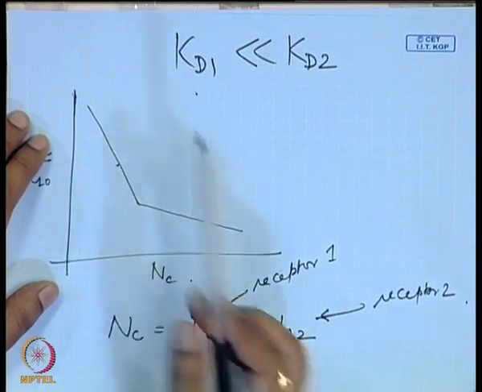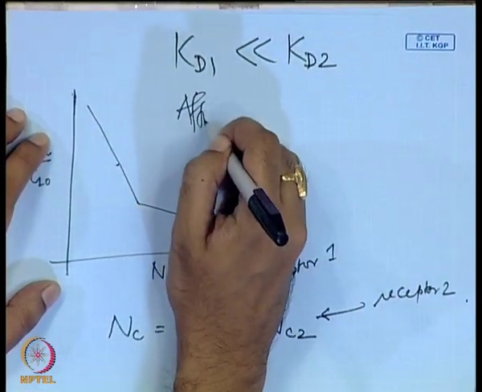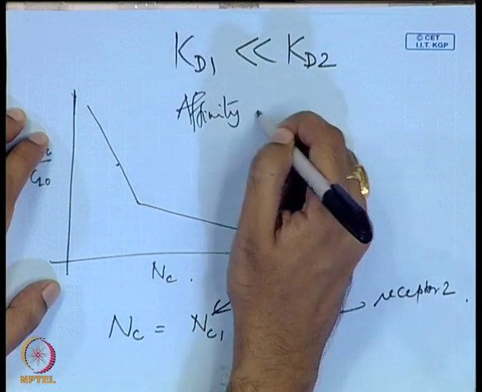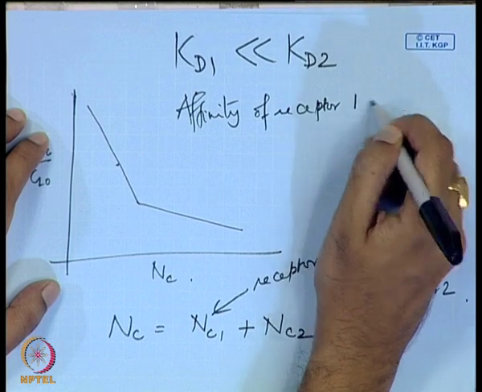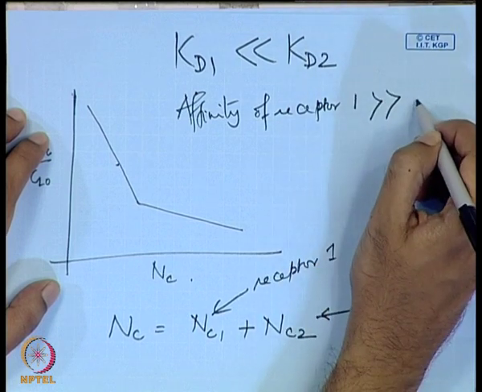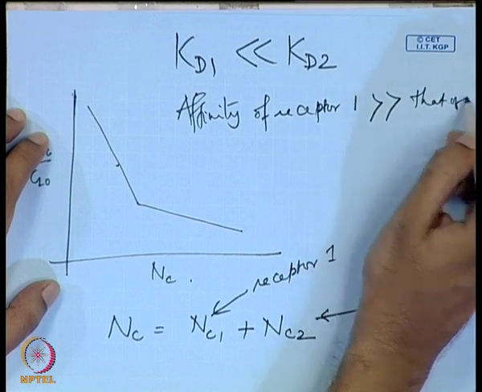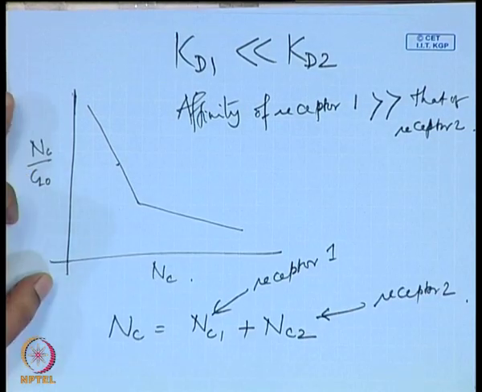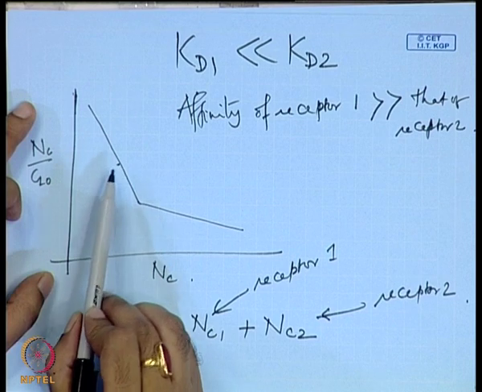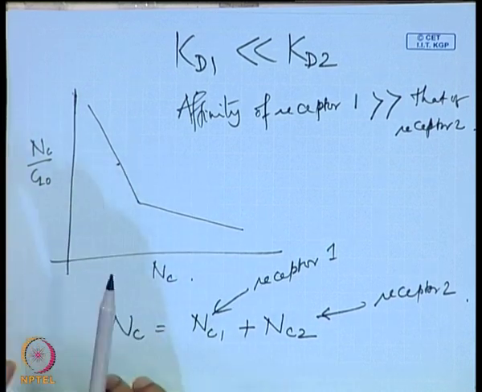Because the affinity of receptor 1 is much greater than that of receptor 2. So most of it will be formed from receptor 1.